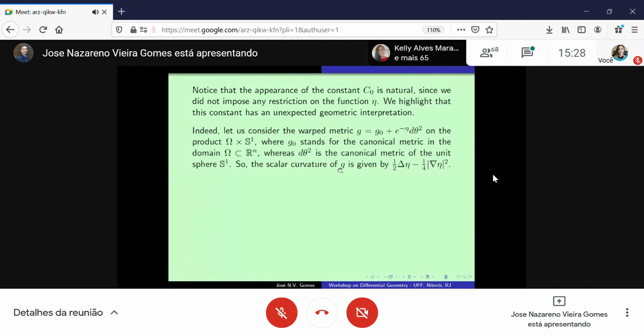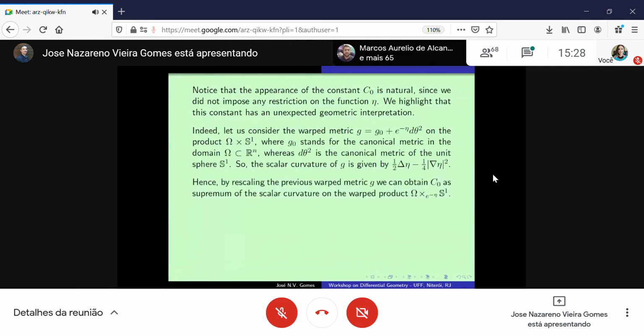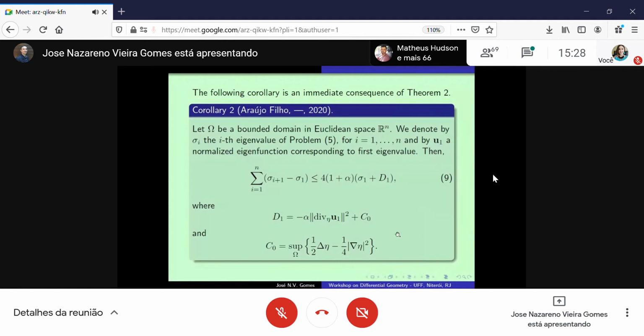So the scalar curvature of g is given by this function. Hence, by rescaling the previous warped metric, we can obtain C0 as the supremum of the scalar curvature on the warped product. Yes, I am talking about this C0.